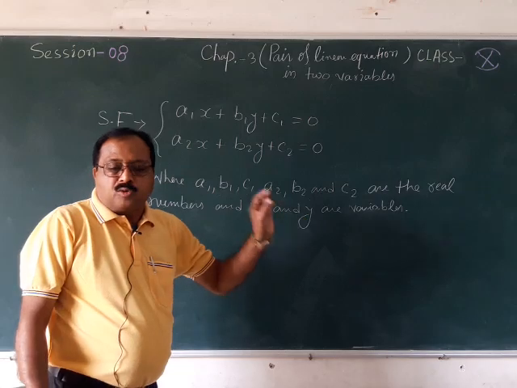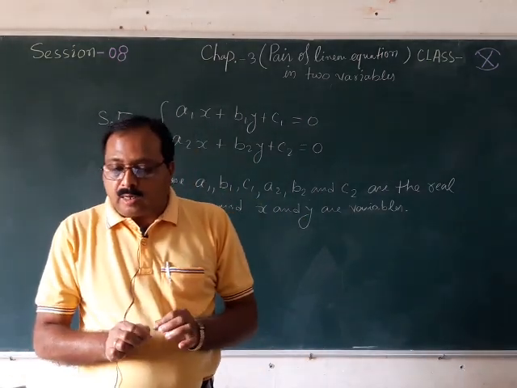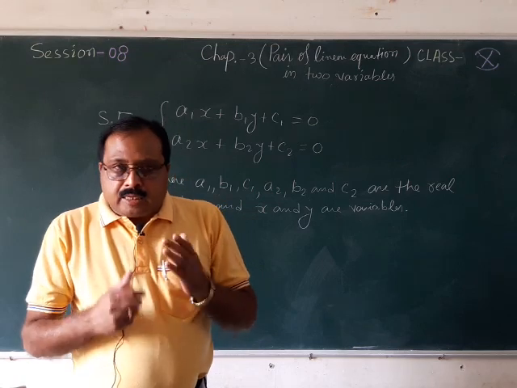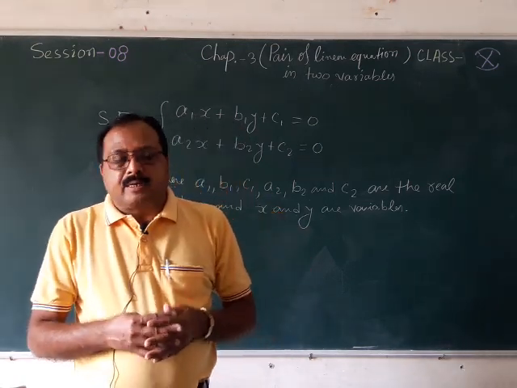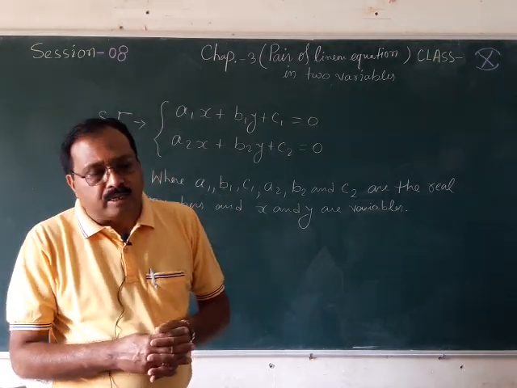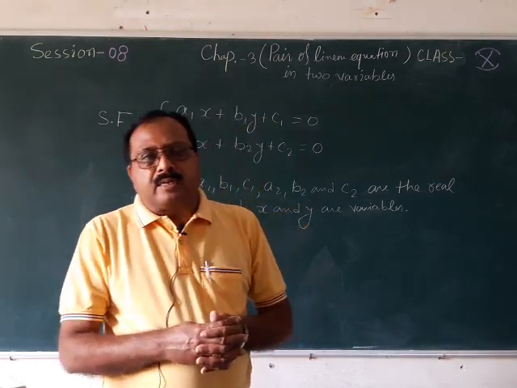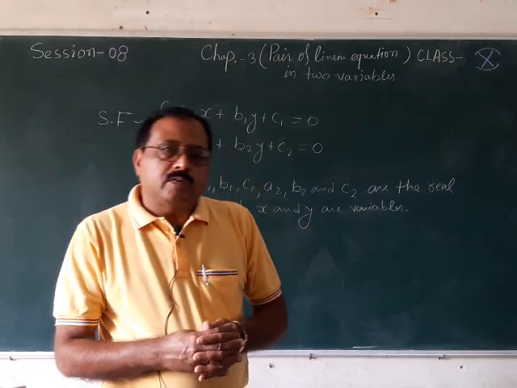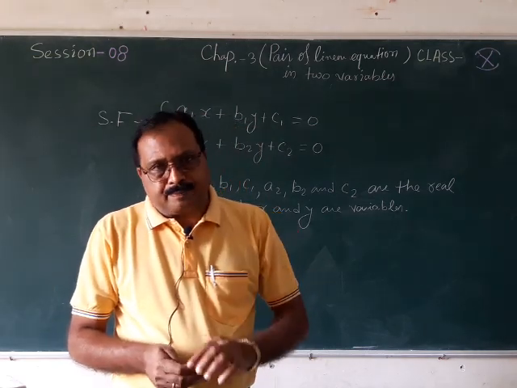Here what we have to learn, first of all, is the method of solving. That means the method to get the solution of linear equation in two variables. We have to understand how we can find the solution of such type of equations when we are having the equation in a pair.